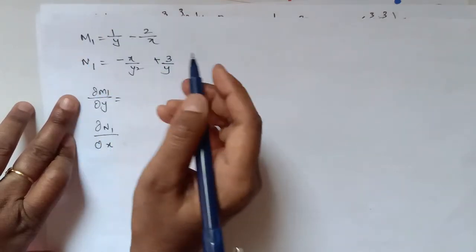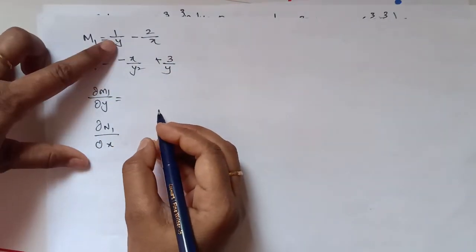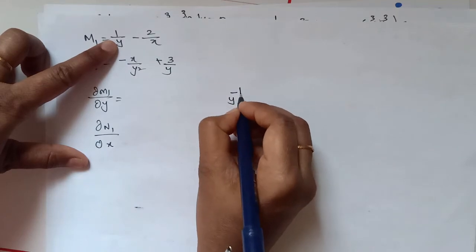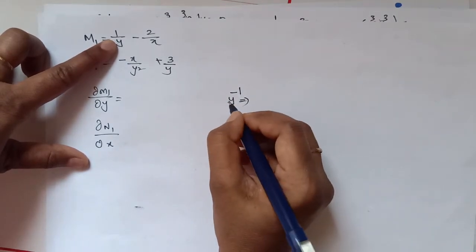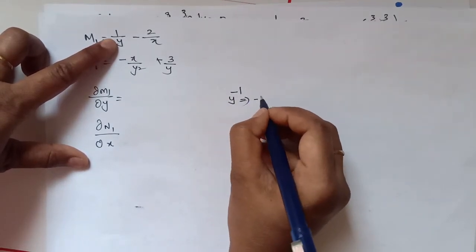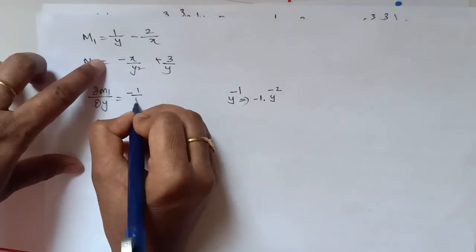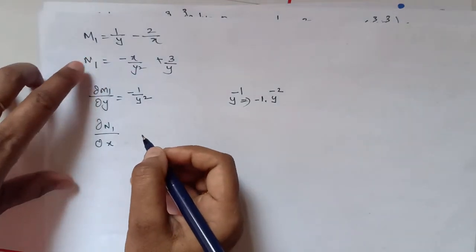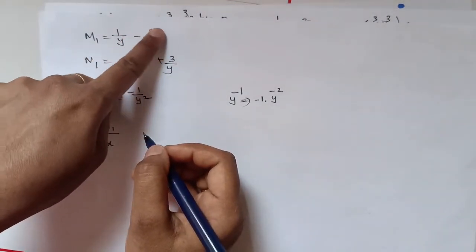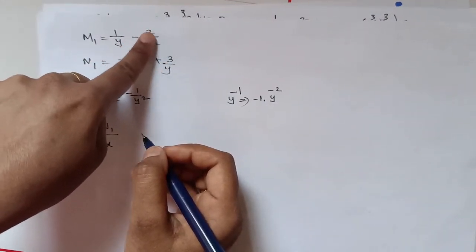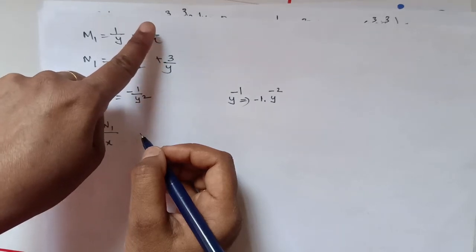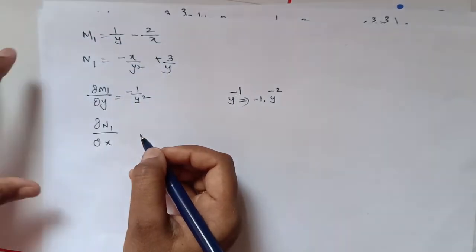In the first term only we have the y term, 1 by y, which can be written as y power minus 1. Everyone will remember the differentiation of x power n: minus 1 into y power minus 2. It is nothing but minus 1 by y square. And in the second term you don't have a y term, so it is a constant, and its differentiation with respect to y will become 0.